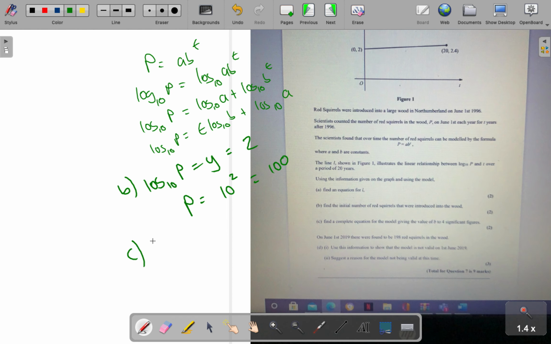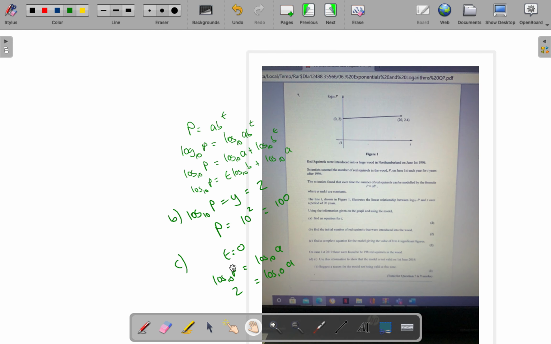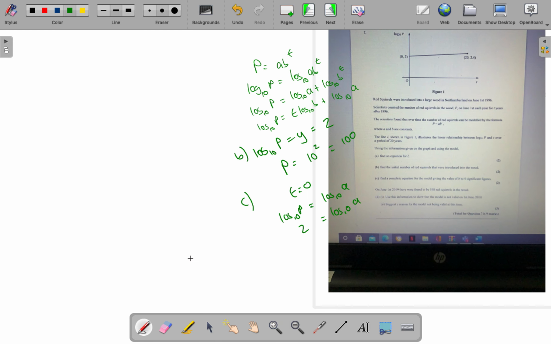So for part C, we now know that when t equals 0, log base 10 p is equal to log base 10 a. So 2 is equal to log base 10 a. So we know that from just using basic line equations here. So the next step is we need to find the value of b.